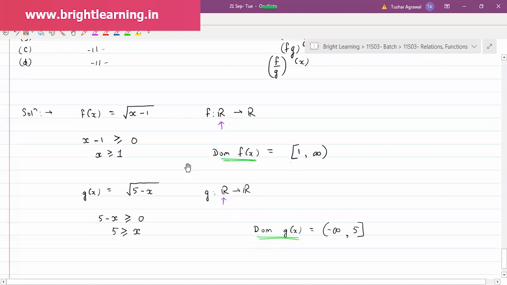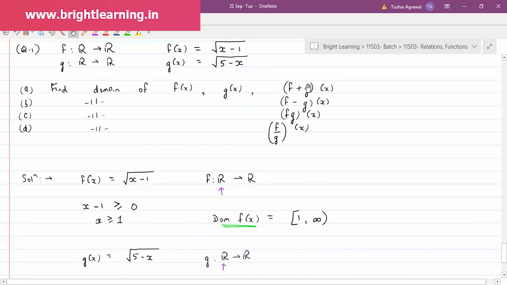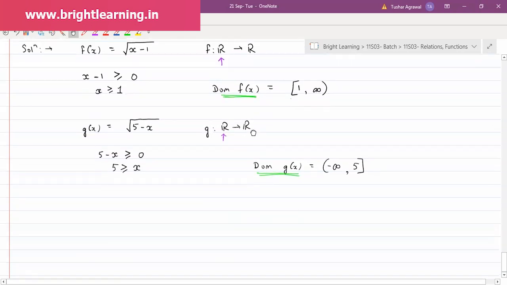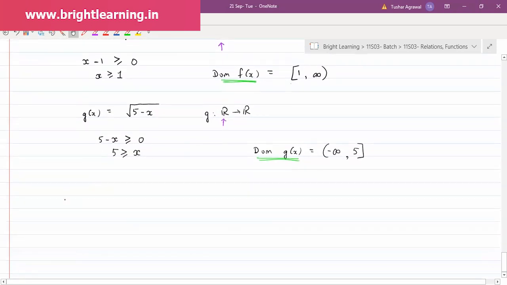Now when he is telling you to find the domain of f plus g or f minus g or fg or f upon g, what is f plus g of x? f plus g of x is x minus 1 under root plus 5 minus x under root.